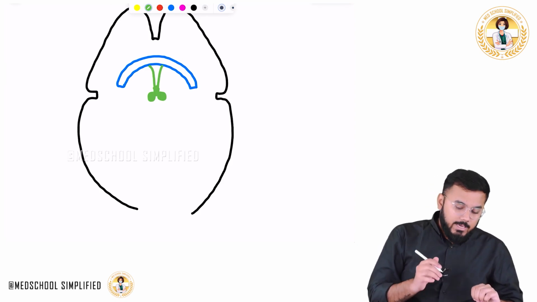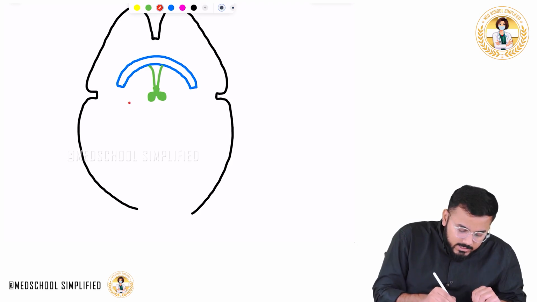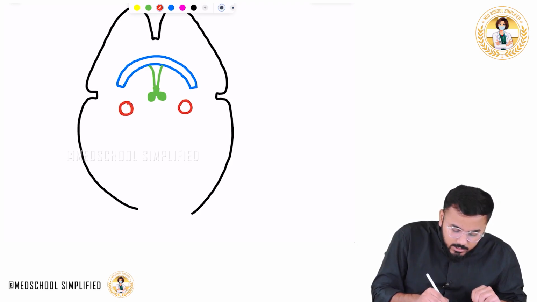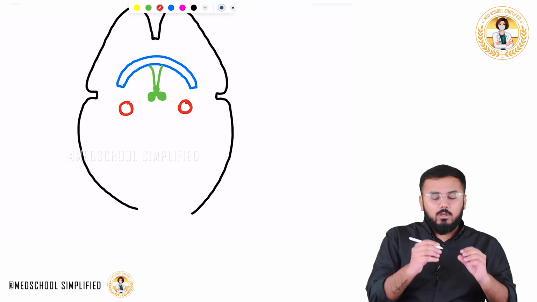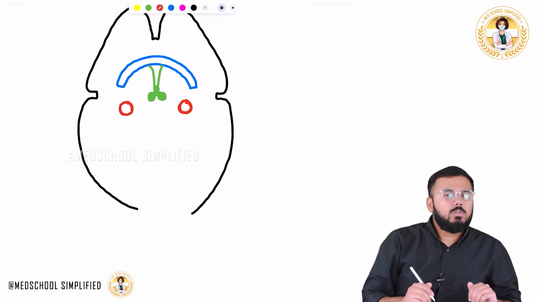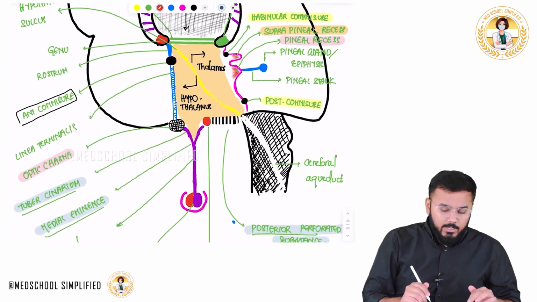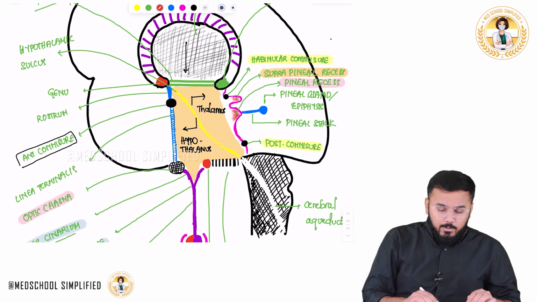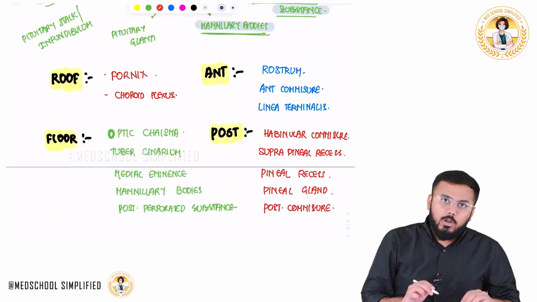Now, after this, the next important thing you need to know is that on the sides of the fornix, here I have got the thalamus. So these two structures, whatever I have drawn on either side, are called the thalamus. And just beneath the thalamus, what is the structure you have got? Tell me here. So the thalamus is on the top. Beneath the thalamus, what do you have? You have got the hypothalamus.